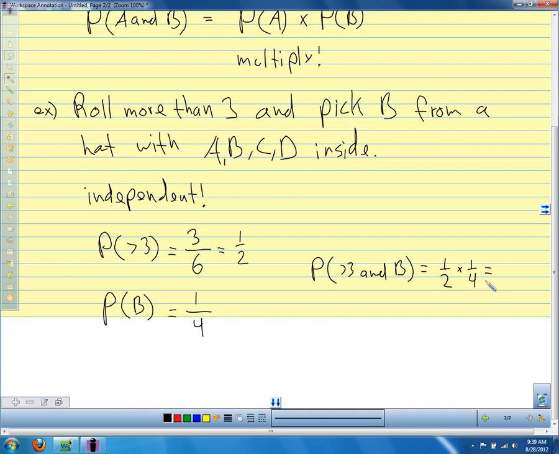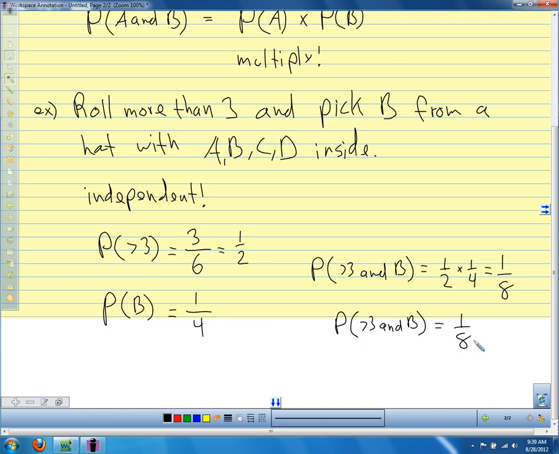And when we multiply fractions, we multiply straight across, which is 1/8. So the probability of greater than 3 and B is 1/8.